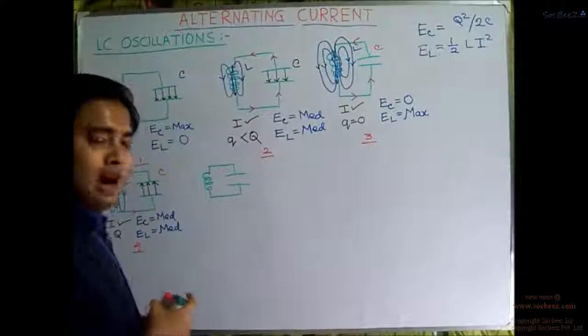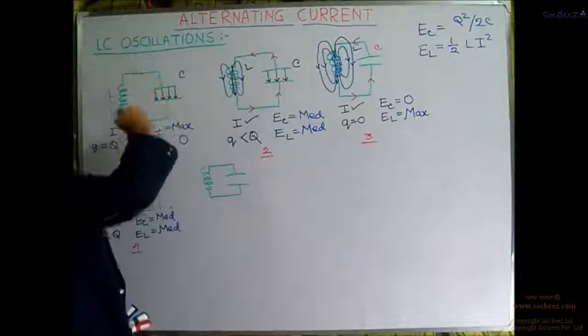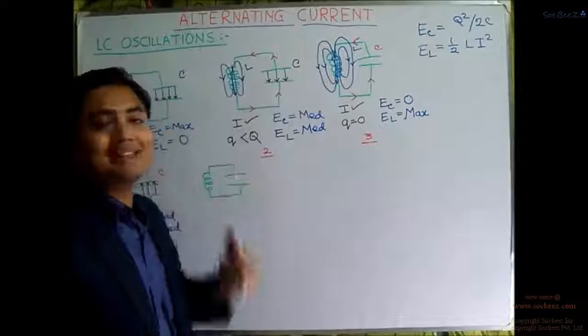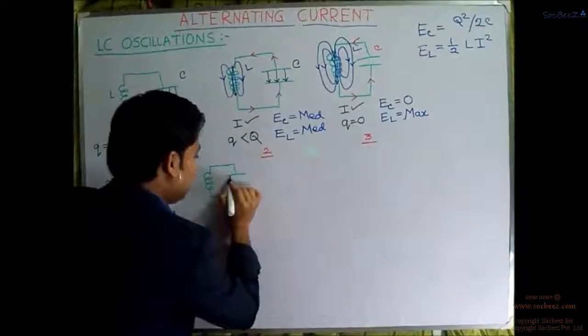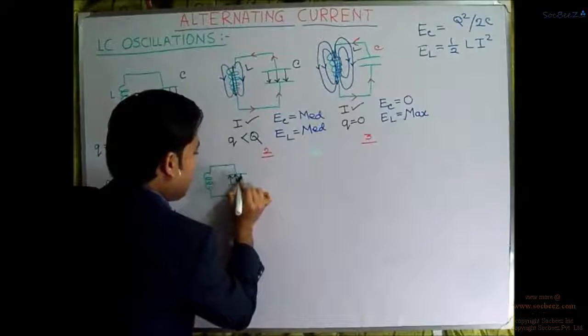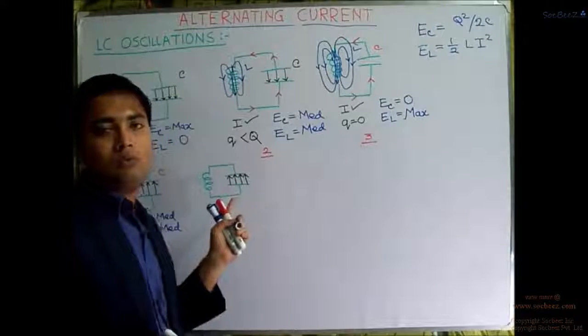But now all of the charges from this upper plate are transferred to the lower plate via this inductor, right? So we can say that now Q, the total amount of charge that was present initially, came back to the other plate now.